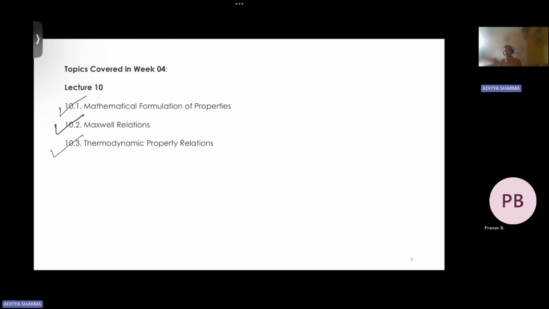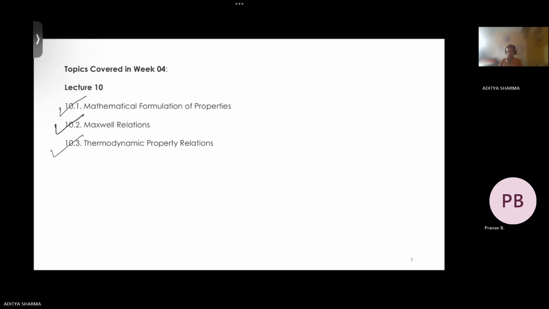And then we acquire some data, maybe in terms of pressure or temperature, or in terms of volume, right? So using all that data, how can we find other properties linked to a thermodynamic system, right? Maybe it can be enthalpy, it can be entropy, right? So in that effort, the whole discussion for this week has been done.